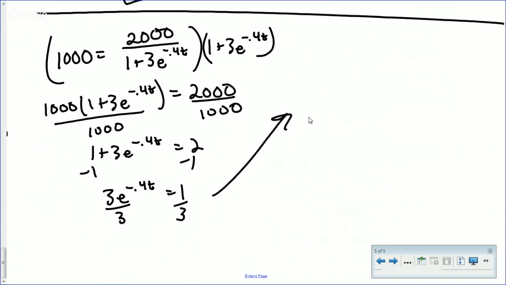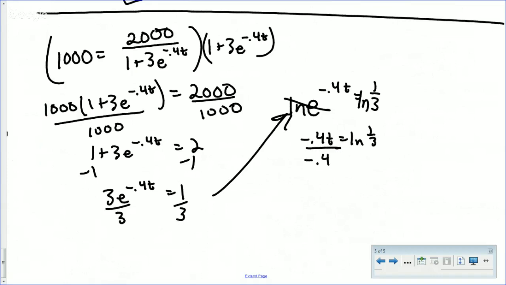E to the minus 0.4 t equals 1/3. Now to get rid of my base e, we're going to take the ln of both sides. So those cancel. You get minus 0.4 t equals ln of 1/3. And then the last step will be divide by negative 0.4.